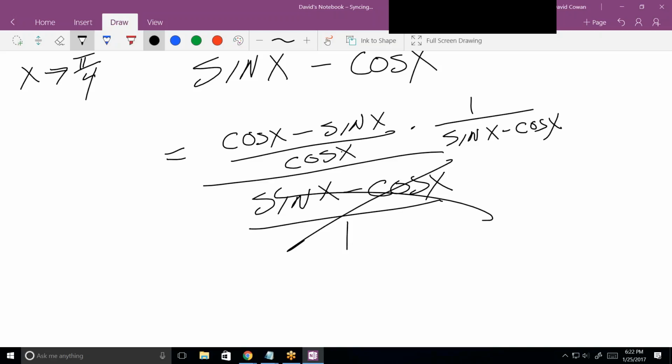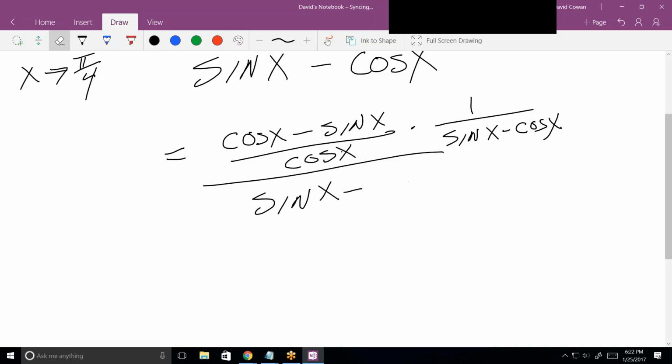And what's the difference between the top left numerator and the bottom right denominator? It's cosine minus sine and then sine minus cosine. So what is that divided by that alone?